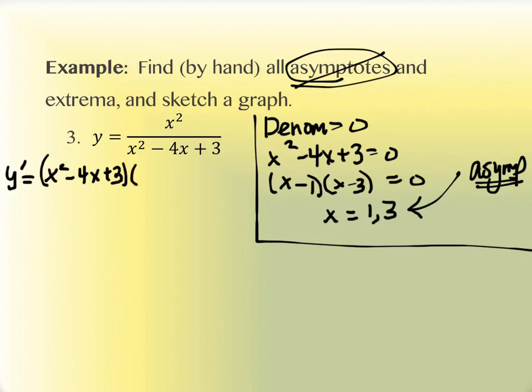What's the derivative of my numerator? 2x, good. Minus what? The numerator, x squared, times what? Yeah, derivative of the denominator. What's the derivative of the denominator? 2x. Thank you, Jamie. You bet. And this is all over the denominator squared, right?